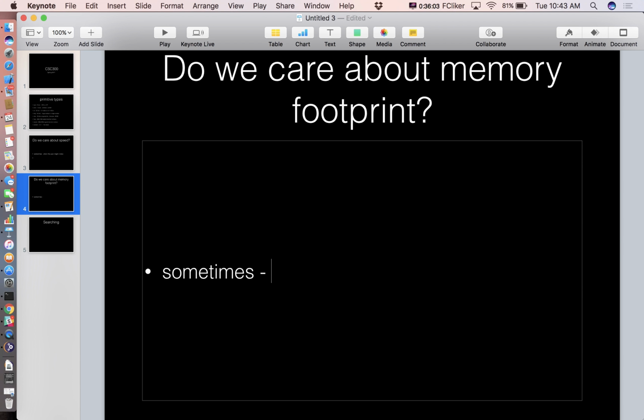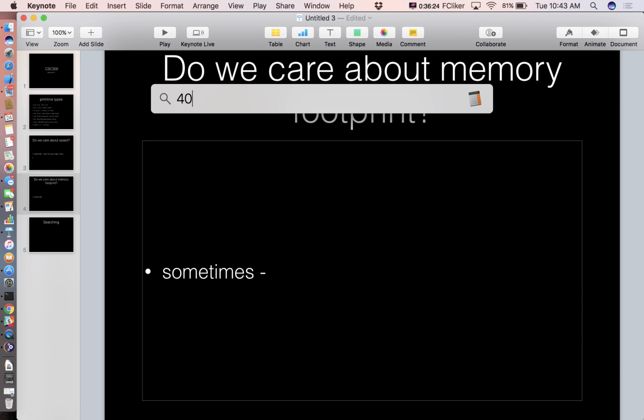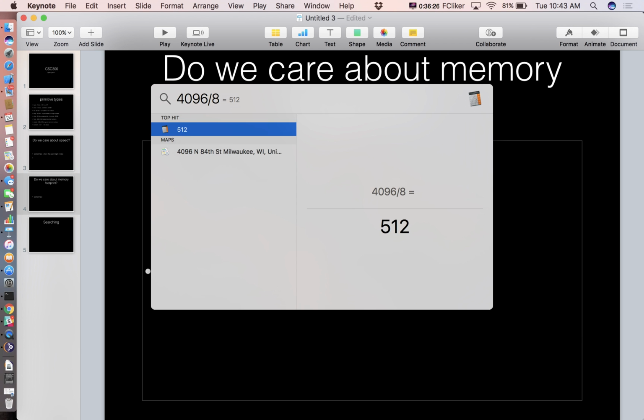Now today you go to Best Buy and you pay retail for a 4 gigabyte chip, and it's like $40, right? Not very expensive, relatively speaking. How much bigger is 4 gigabytes than 8 megabytes? So 4 gigabytes is 4,096 megabytes divided by 8, so it's 512 times the size.